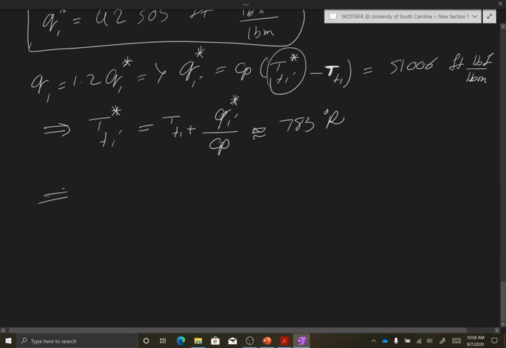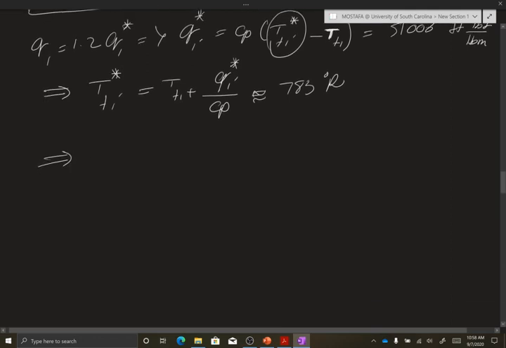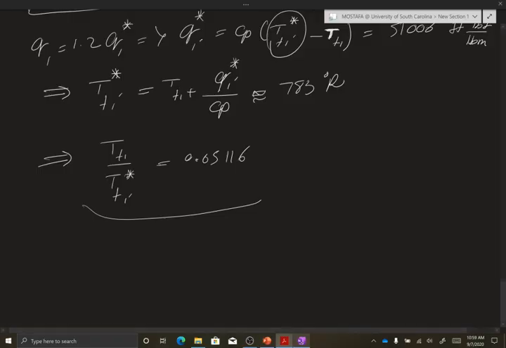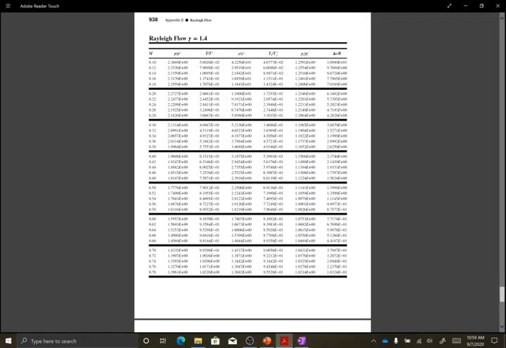So what we do here is find the new total temperature ratio for the prime condition, which is going to be 0.65116. We wanted to find the new Mach number, M1 prime. We go back to the Rayleigh tables and find the value for 0.65116.